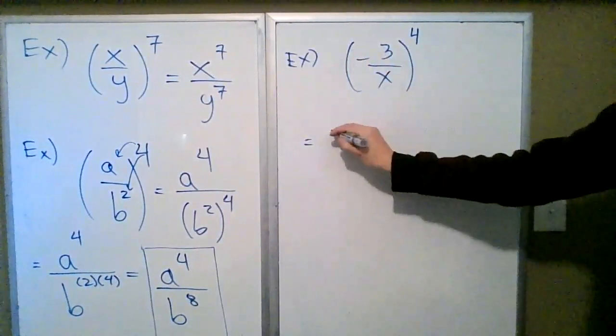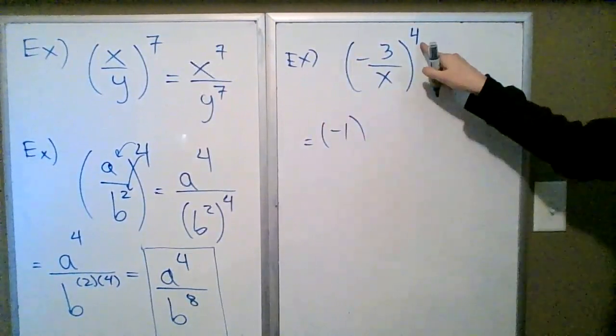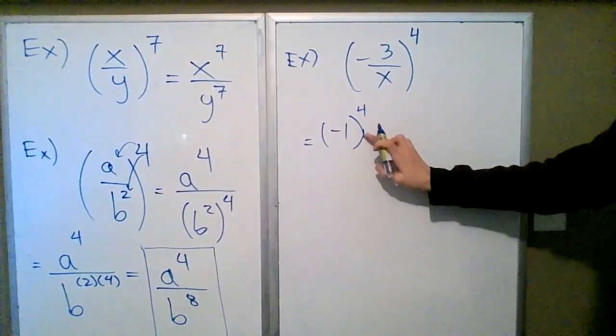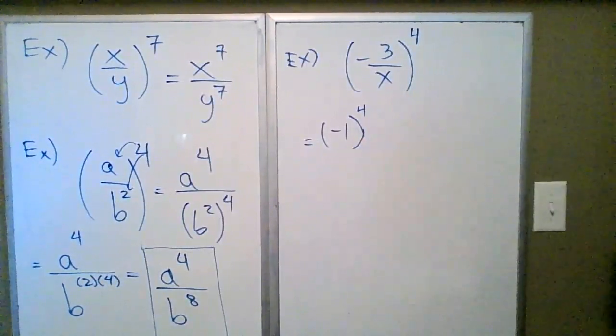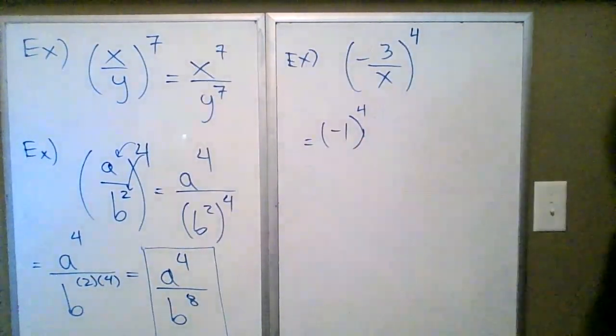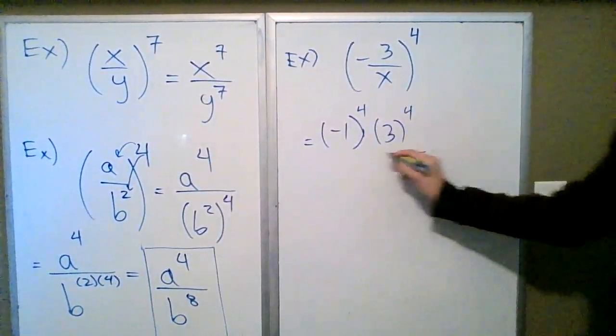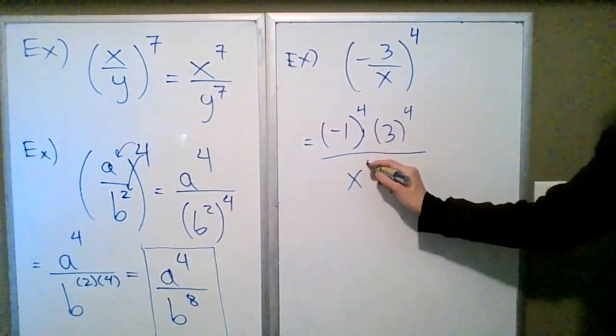Take the negative sign, raise it to the power. If it's an even power, it's going to be positive 1. When there's an odd power, it stays as negative 1. This also has power 4. Same with the x down here, has power 4.